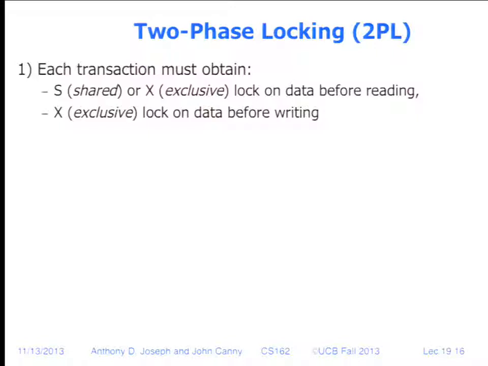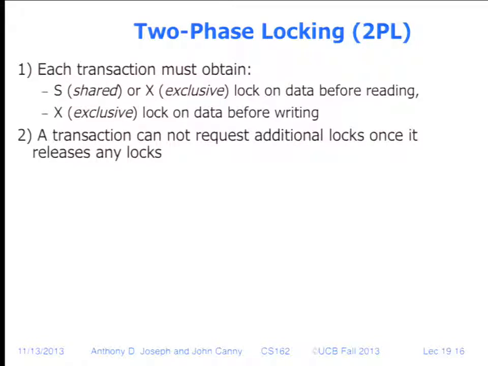They need at least a shared or an exclusive lock before reading, and an exclusive lock before writing. But basically they have to request the locks before they start giving them up. So the transaction can't request any additional locks once it starts releasing them.